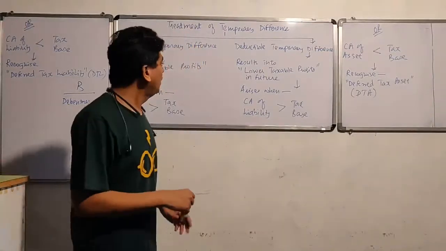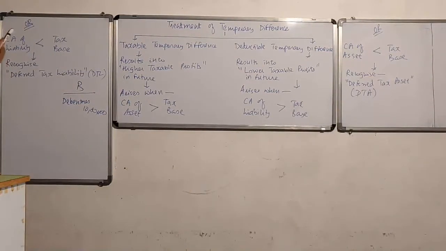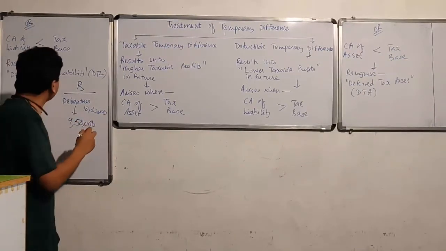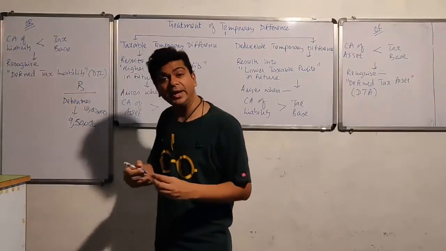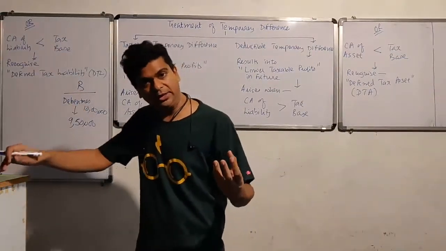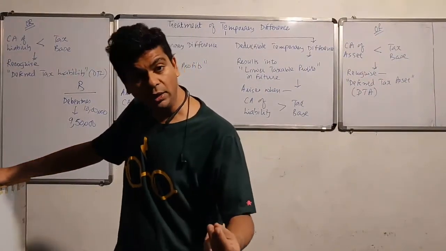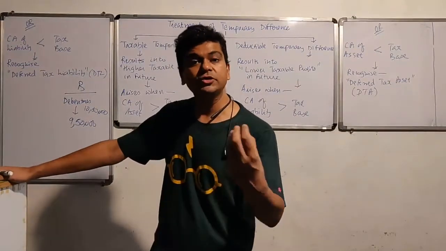Now what will happen? When I incorporate these debentures in the books of A, the carrying amount of the liability, that is the carrying amount of the debentures, will be its fair value, which is 9,50,000. So I'll recognize 9,50,000 over here. But as far as income tax is concerned, the debentures will still be recorded at 10 lakhs only. Income tax will not consider that the fair value of the debenture is 9,50,000.